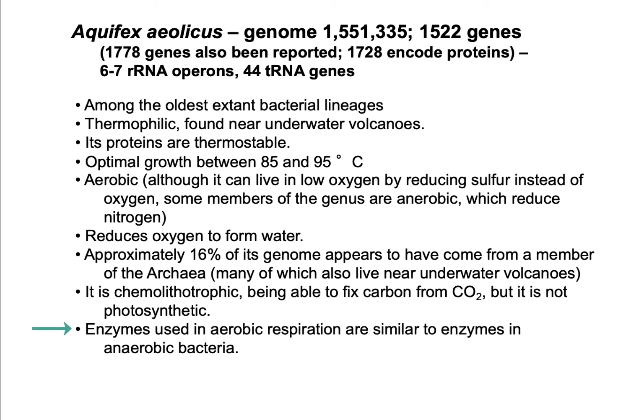So it may have been originally 3 billion years ago anaerobic, and slowly at least some of the copies of the genes changed so that they could be utilized for aerobic respiration as the oxygen concentration in the atmosphere and in the ocean increased.